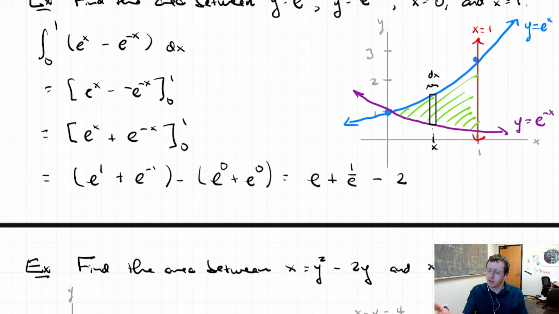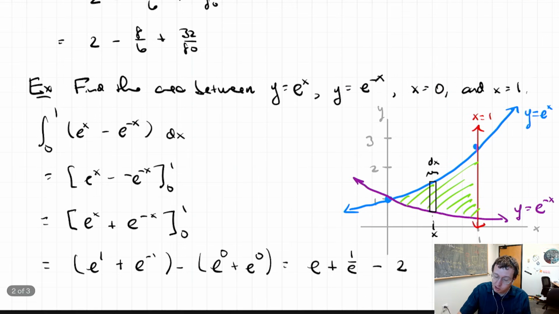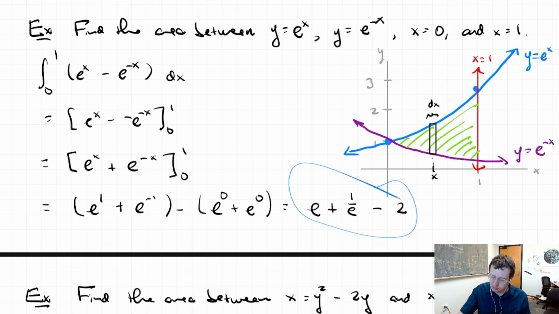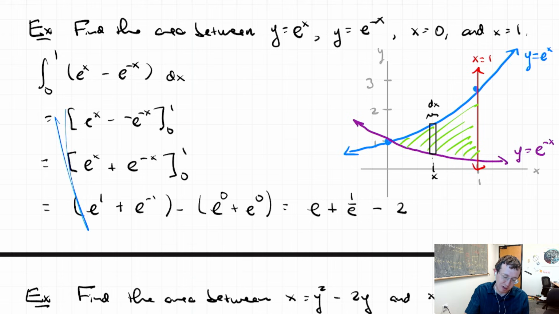It might take a little bit of thought sometimes if you're just given the equations to figure out which one's the top curve and which one's the bottom. One practical way, you can always plug in an x value and see which expression is bigger. If you pick an order and you get a negative number at the end, that would tell you that either you made a mistake somewhere or possibly the mistake you made was subtracting the things in the wrong order.